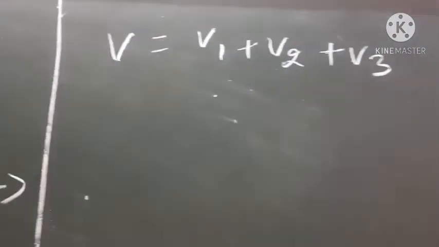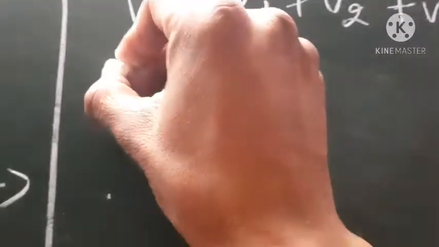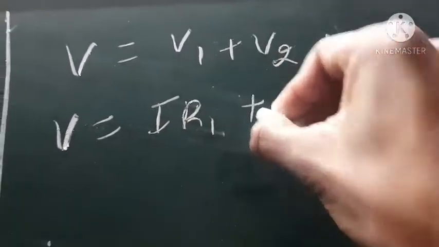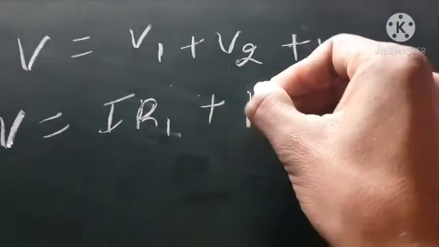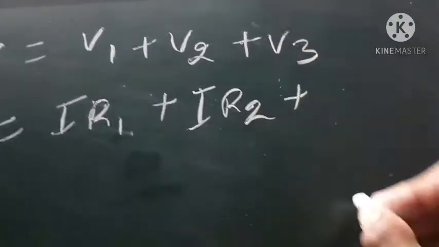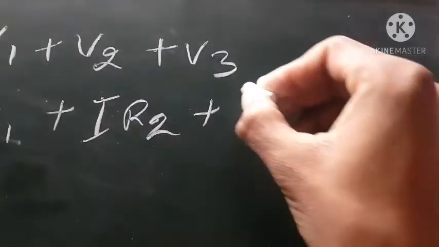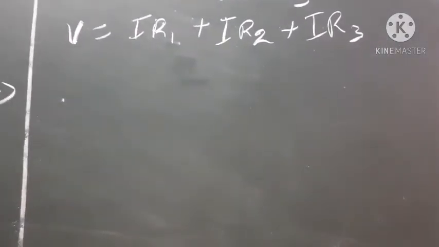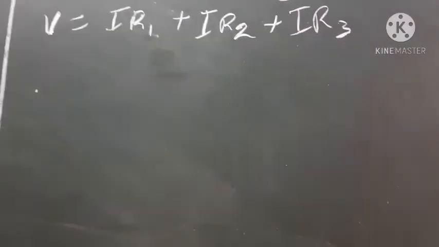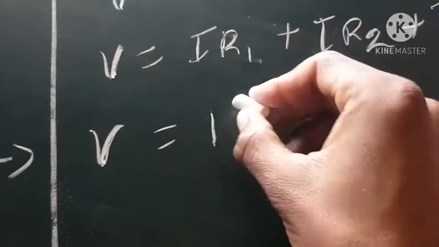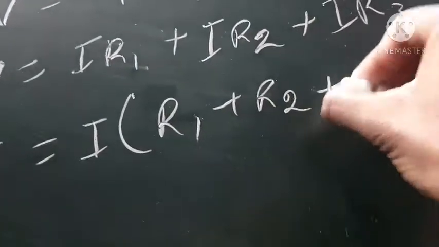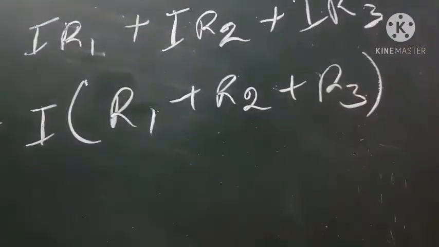On putting the values of V1, V2 and V3 here, V will be equal to IR1 plus IR2 plus IR3. Now as you can see, I is common between IR1, IR2 and IR3. So V will be equal to I into R1 plus R2 plus R3.